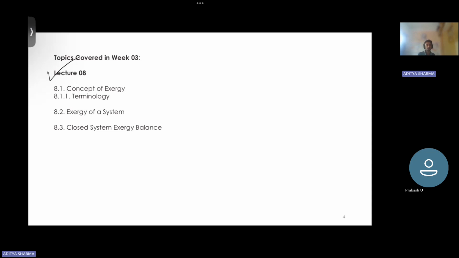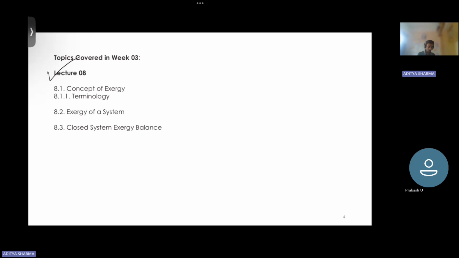Unlike energy, which is conserved, exergy is not conserved. Later we will see why, because irreversibility has also been included in the exergy term in terms of entropy production, which boils down to exergy destruction in the exergy statement.